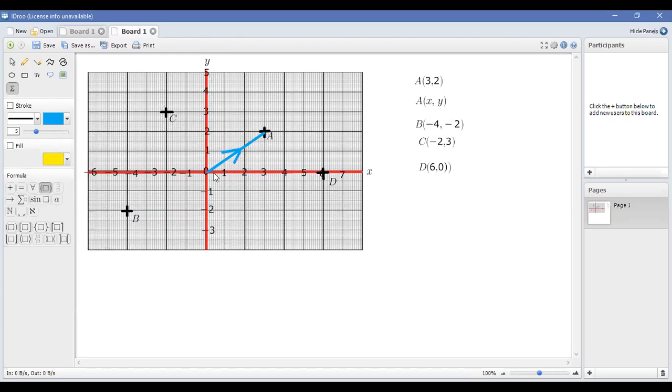Now, I want you to give me the vector for this. So note, that's O. So tell me what's the vector for OA? Who wants to state that one? Vector for OA.